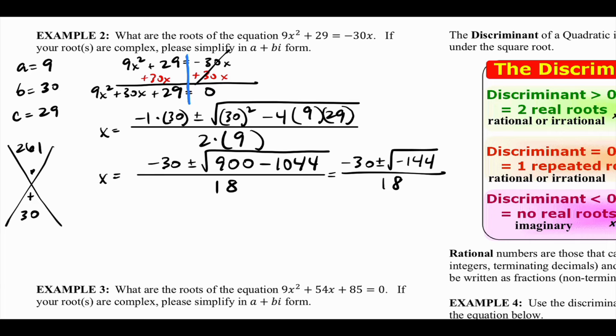Okay. So we get negative 30 plus or minus the square root of negative 144. Well, the square root of positive 144 is 12. So the square root of negative is going to be 12i over 18.